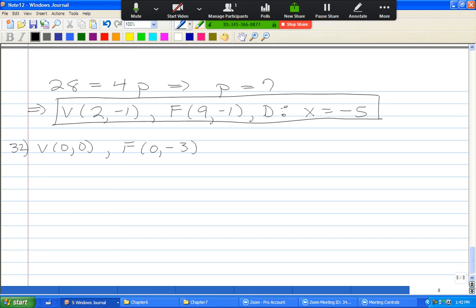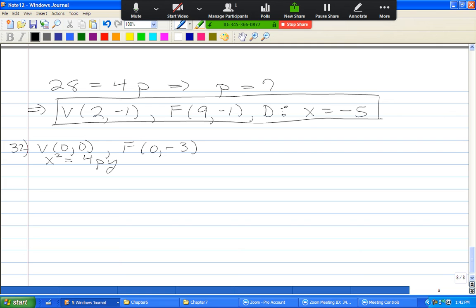Find an equation in standard form for the parabola. Okay, so I have here x squared equals 4py. Since the vertex is at the origin, I don't subtract anything from here. Since the focus was found by doing something to the y, I have that x squared is equal to this.